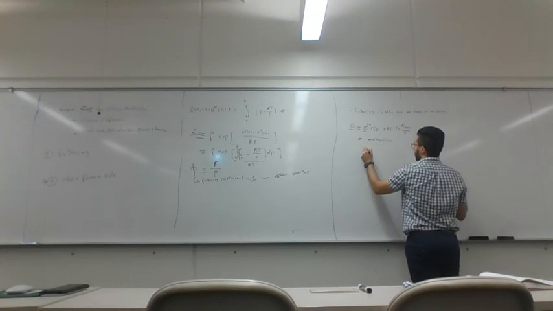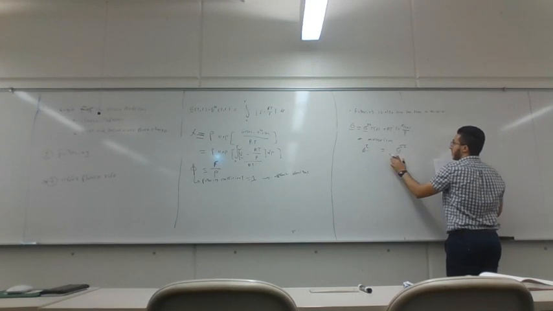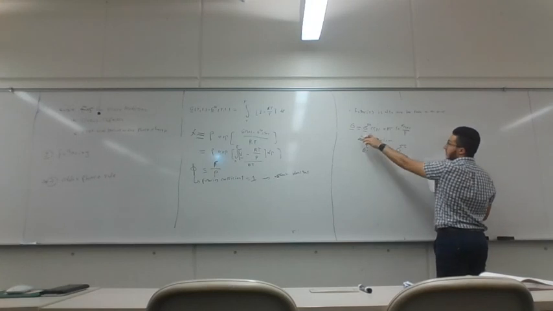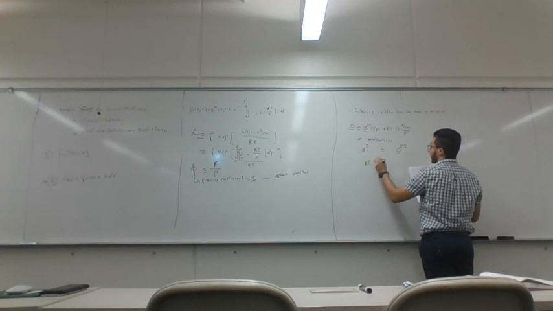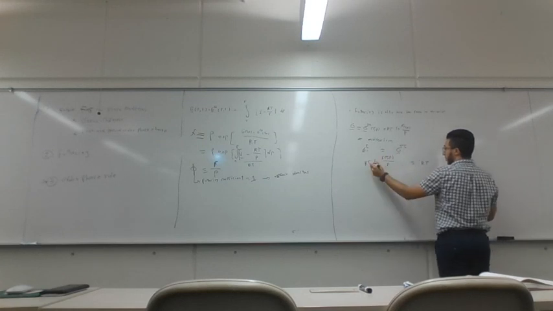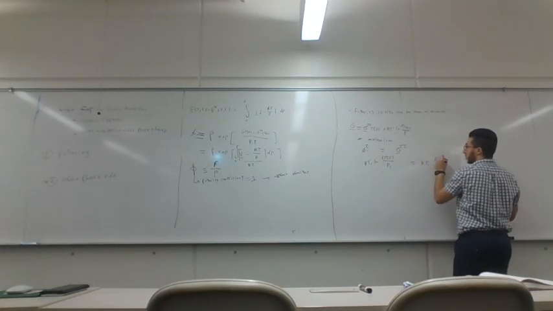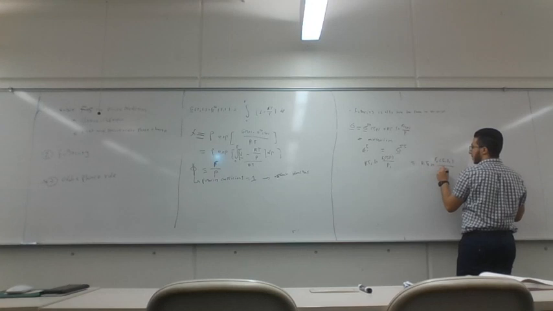We know Gibbs of phase 1 is equal to Gibbs of phase 2. For the ideal gas part, it's the same T, same P, so this term would be cancelled. Now I have RT times the integral of dP over P for phase 1, and the same for phase 2, at T2, P2.